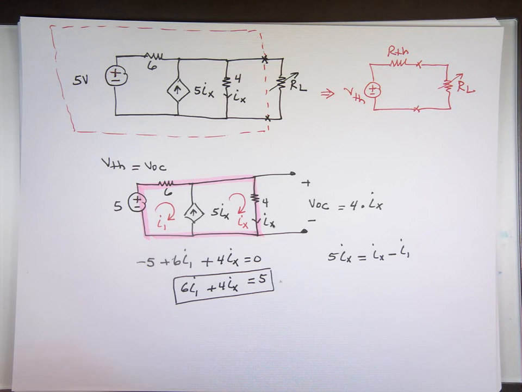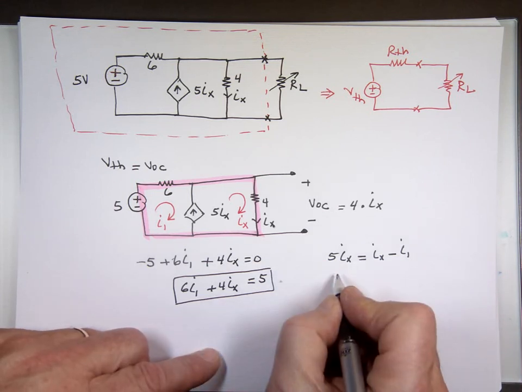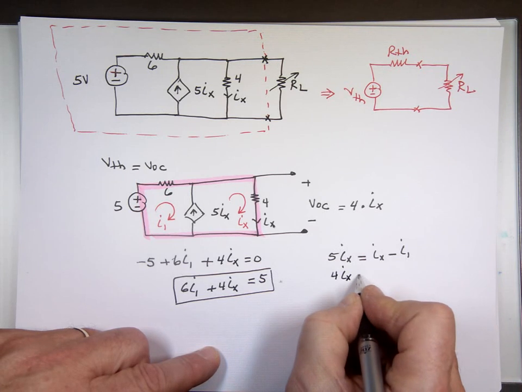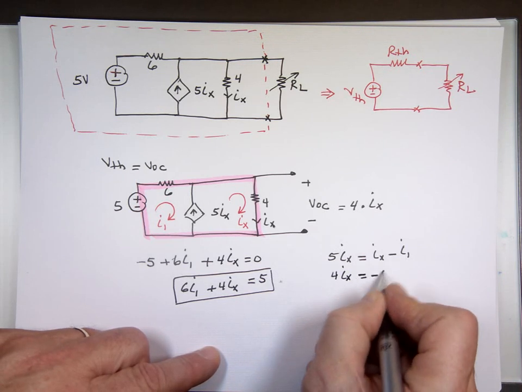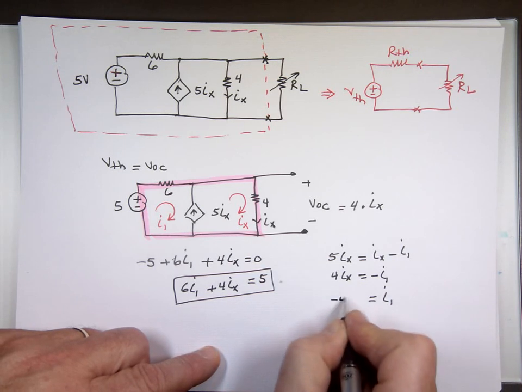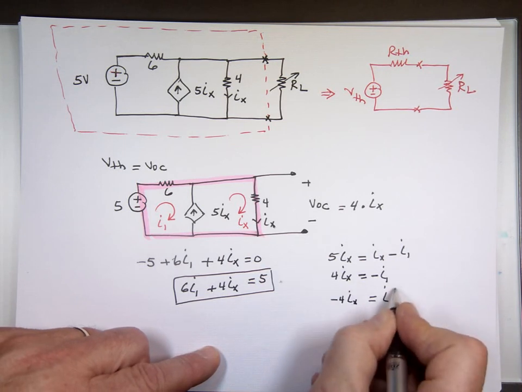And if I move the I sub x to this side, 4 I sub x equals negative I sub 1, or I sub 1 equals negative 4 I sub x. That's my second equation.